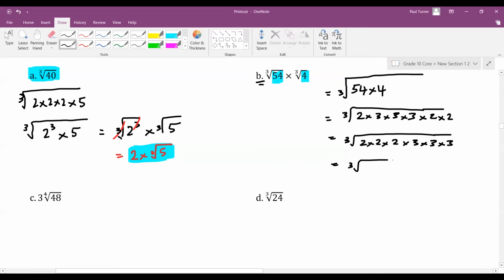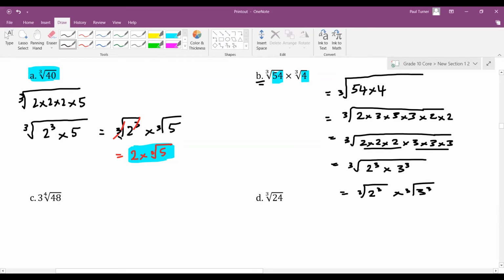And then the cube root of 2, 2, 2 is 2 cubed. 3, 3, 3 is 3 cubed. So now we'll just break this into two parts: the cube root of 2 cubed times the cube root of 3 cubed. Like that.